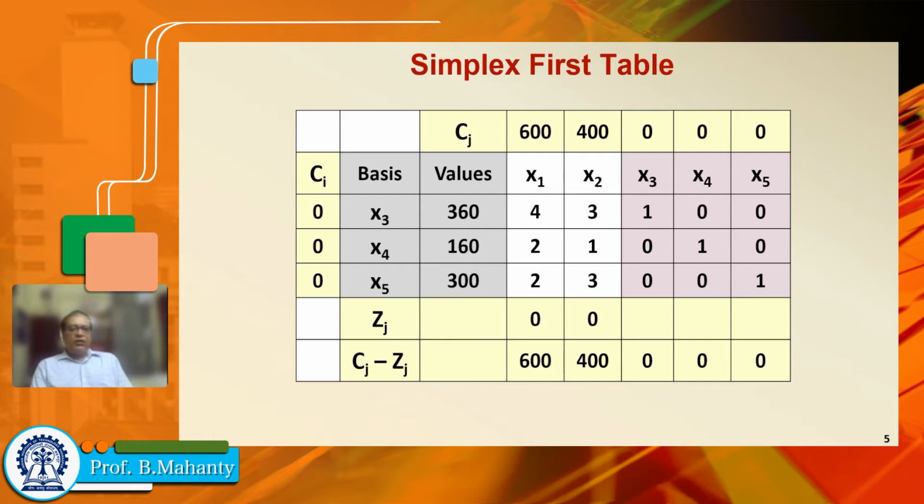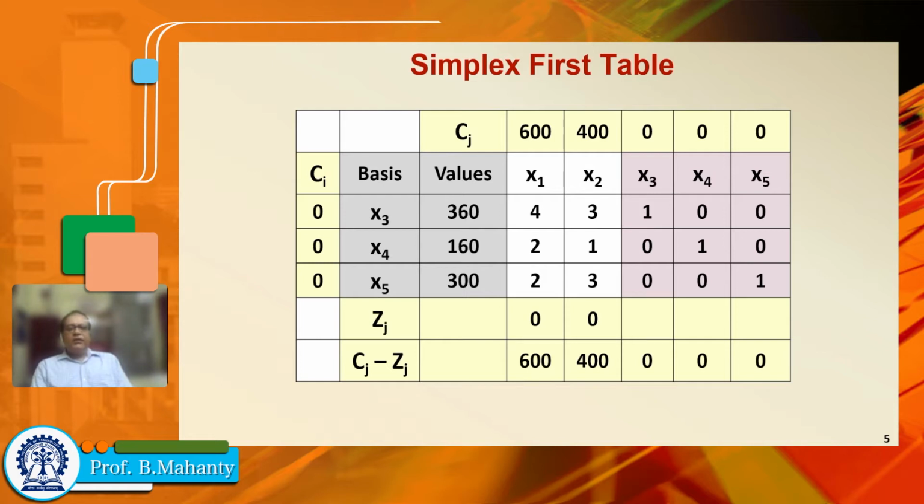The variables not in the basis, that is the non-basic variables, are x1 and x2. X1 coefficients are 4 2 2, x2 coefficients are 3 1 3. That means to make 1 unit of x1, I need 4 units of x3 resource, 2 units of x4 resource, and 2 units of x5 resource. Similarly for x2 also, that is 3, 1 and 3.